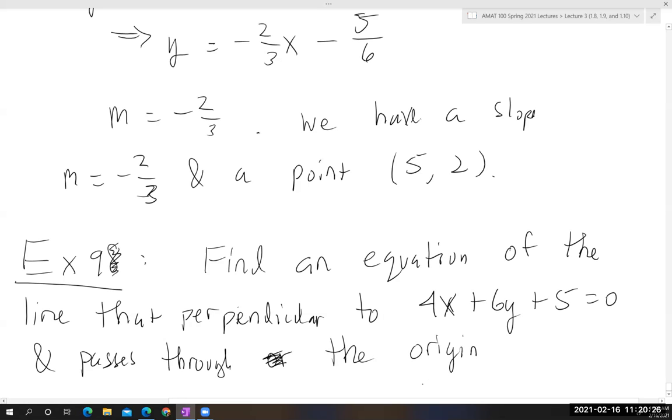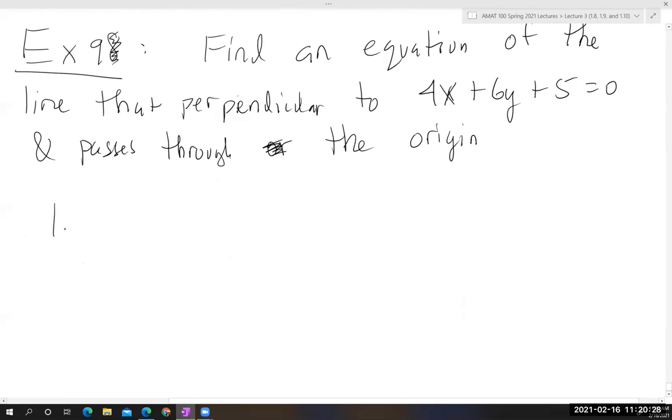The origin, you'll recall, is represented by the ordered pair (0, 0). So we have a particular point on the line. Now we just need to find the slope of this line, and we're done.